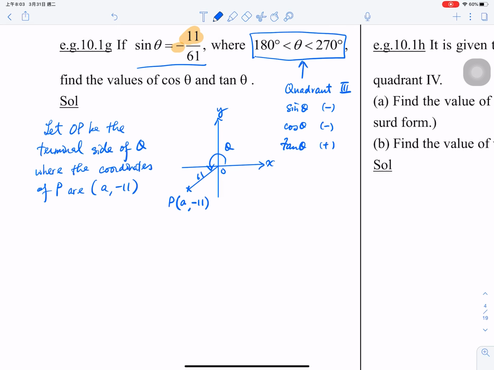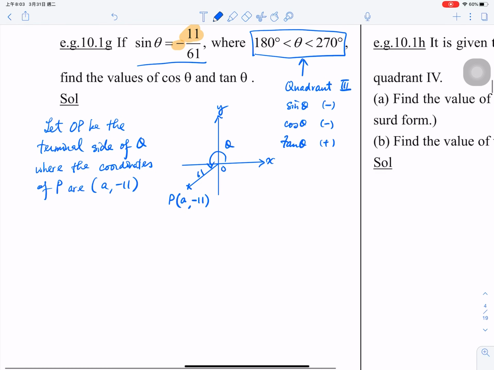Okay, so I can solve this one easily. A squared plus negative 11 squared equals 61 squared. So you find that a equals 60 or a equals negative 60. This time, which value should we reject?